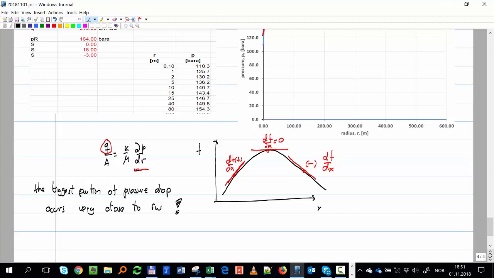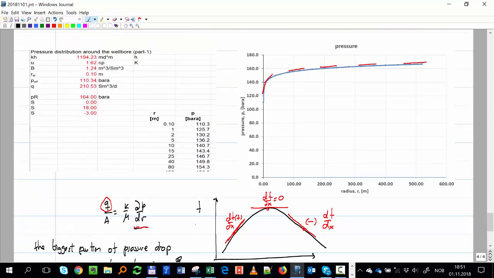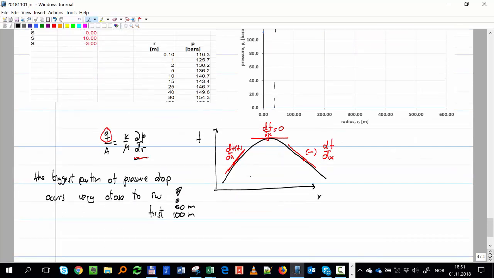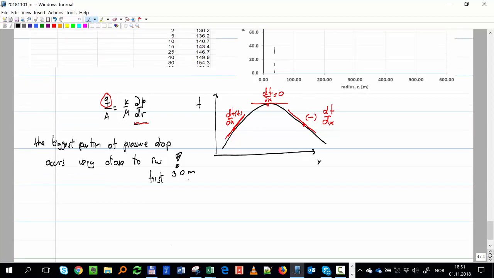Extremely close to RW. We are saying here within maybe the first 100 meters, or 50 meters, extremely close to the wellbore. Even though we have 500, it's only in this range, it's like 20 or 30 meters, not 50, actually, the first 30 meters, where you really have it. And that's really what determines the productivity of the well, because of that equation.